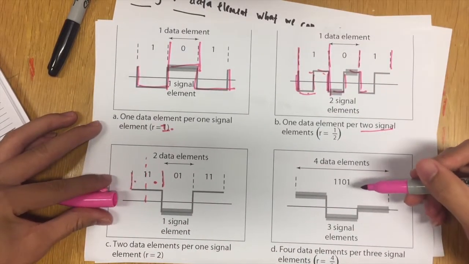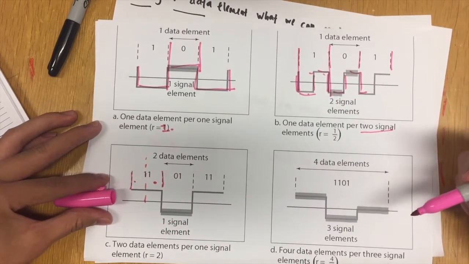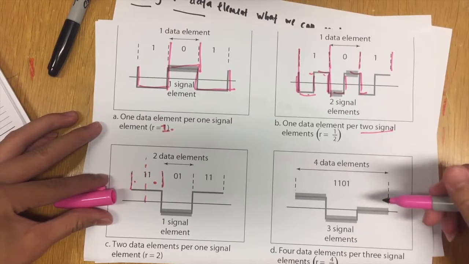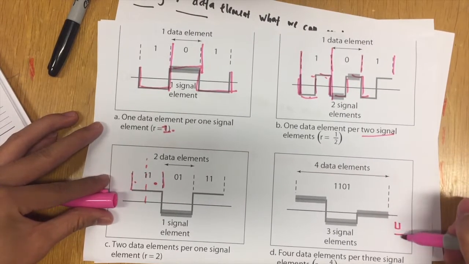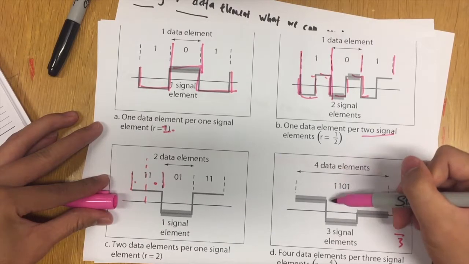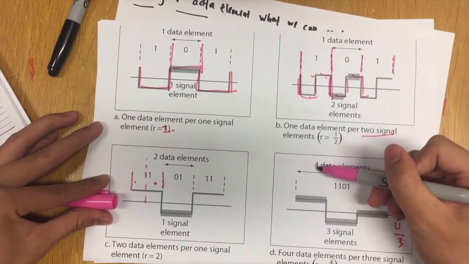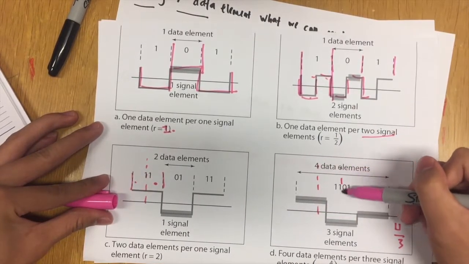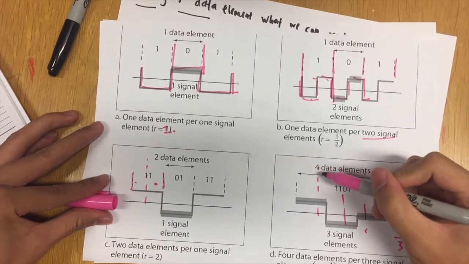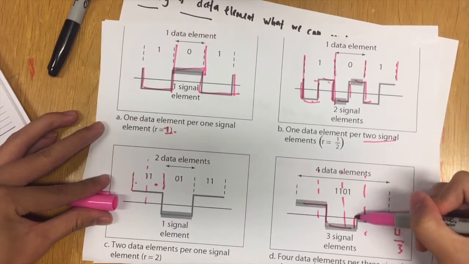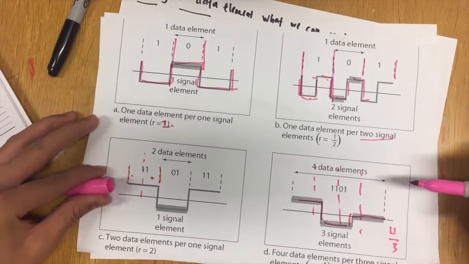For this one, they have 4 data elements per 3 signal elements, so the ratio is 4 over 3, because there are 4 data elements and there will be 3 signal elements for these 4 data elements.